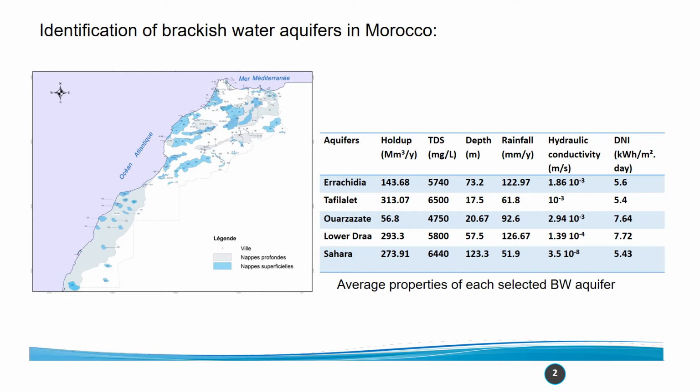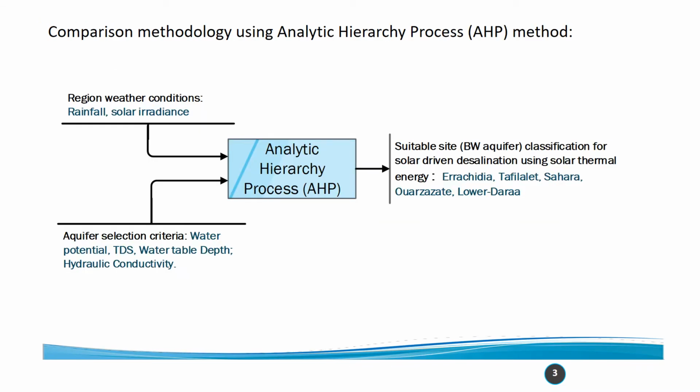This table also summarizes the characteristics related to each aquifer itself and those related to the weather conditions of the region where the aquifer is located, which include rainfall and solar irradiance. The analytic hierarchy process method has been adopted to compare the previously mentioned aquifers, so water holdup, total dissolved salt or salinity, water table depth, hydraulic conductivity, rainfall, and solar irradiance were considered as decision criteria, so as input to the analytic hierarchy process.